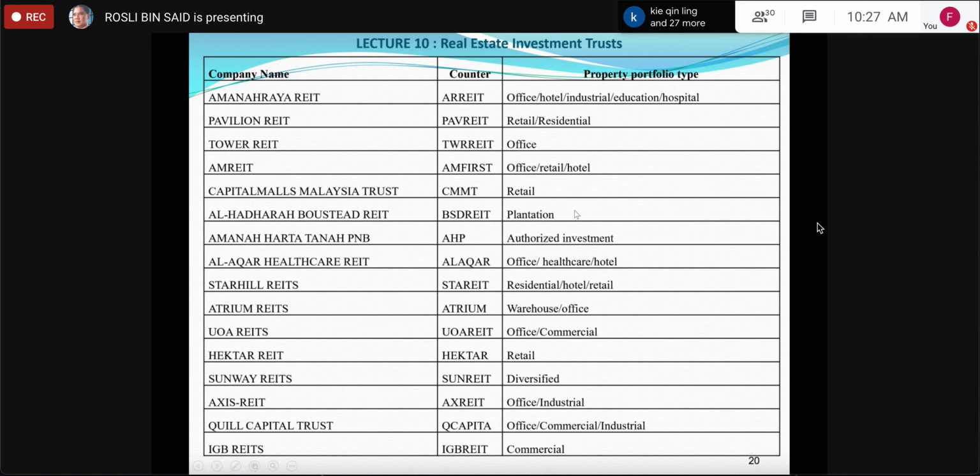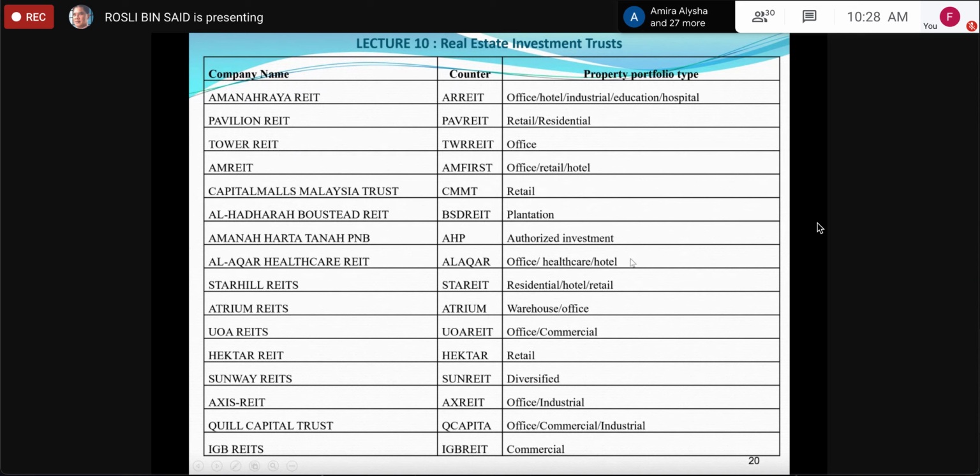Boustead REITs, plantation, is basically not affected much by COVID. And then Amanah Harta Tanah, this is also because it's part of the LC, so should be fine. Al-Aka healthcare, so people need hospitals and healthcare, even during COVID, especially during COVID, that demand will be there.